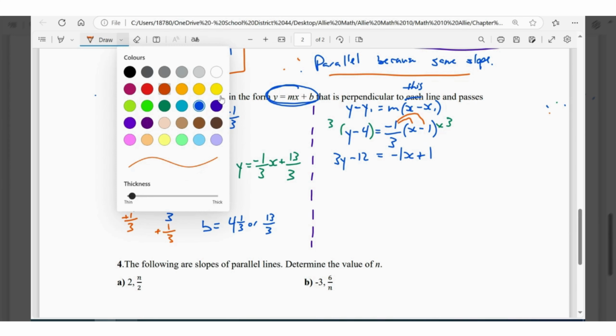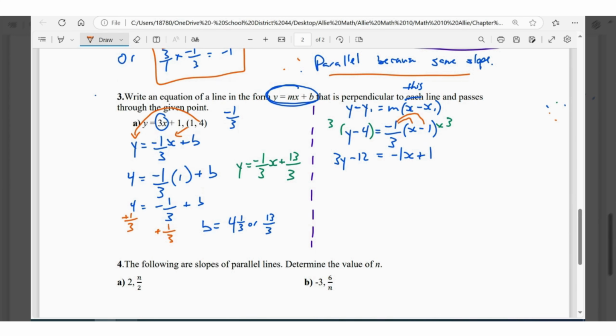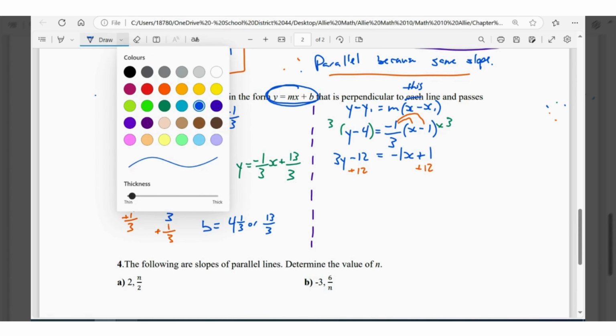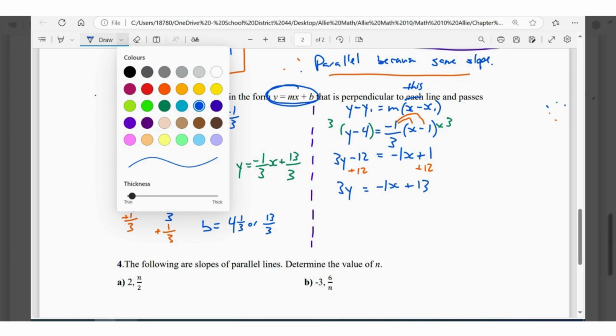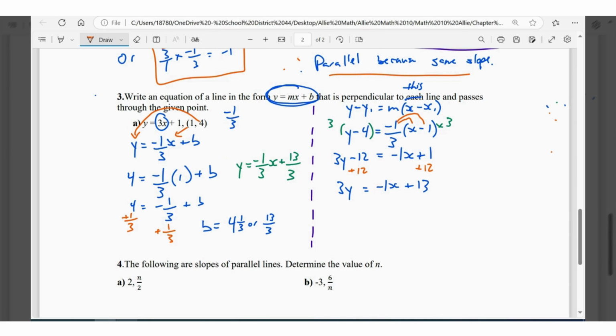And now let's go to slope intercept form. That's what it wants. So that's what we can do. Let's add 12 to each side. We get 3y equals -1x plus 13. And now you can kind of see it taking shape, kind of looking like our other line.